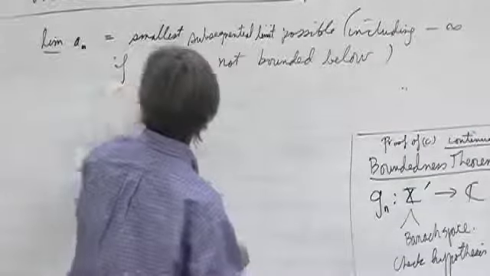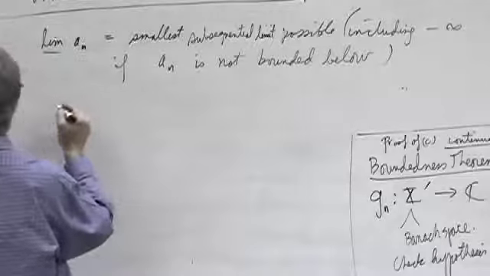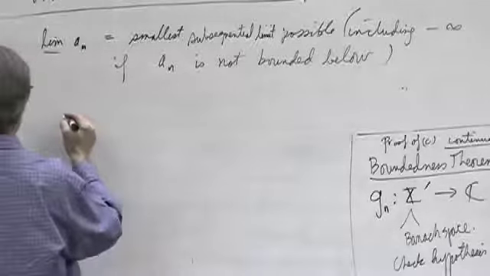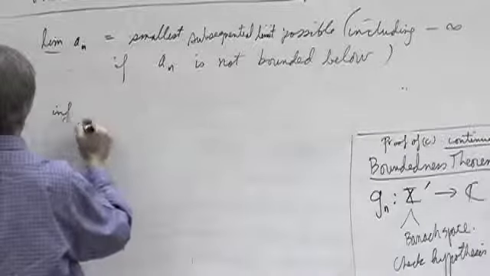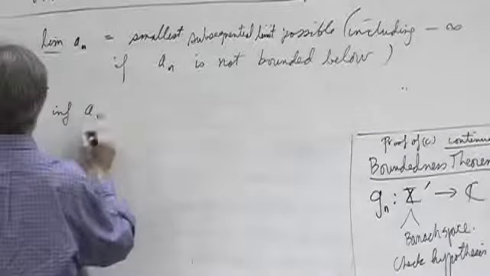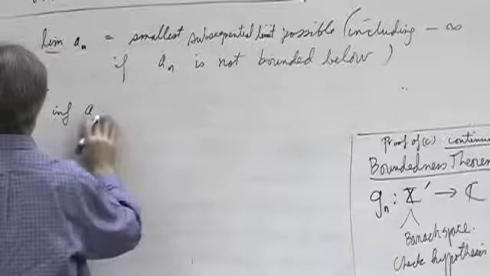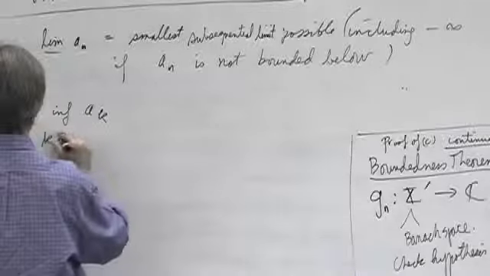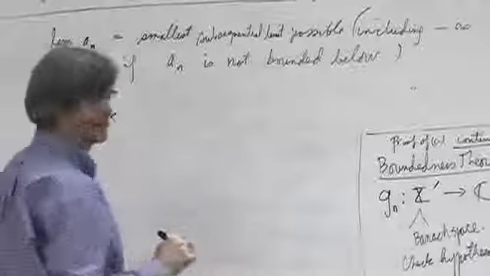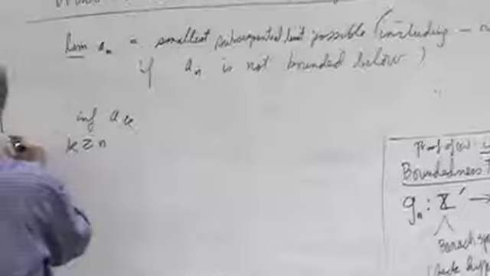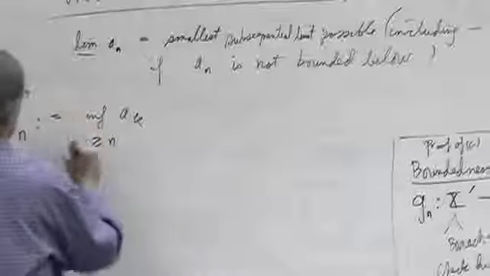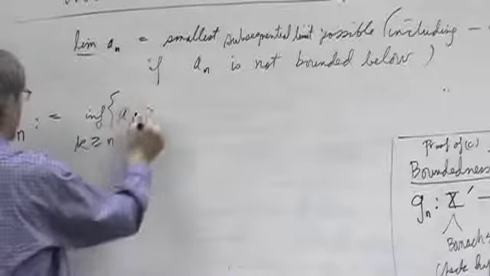The way it's officially defined is this. How do you know this thing always exists? What you do is you take the infimum of a sub k for k greater than or equal to n, that's some number, right? I call that capital A sub n, equals the infimum of all those elements.